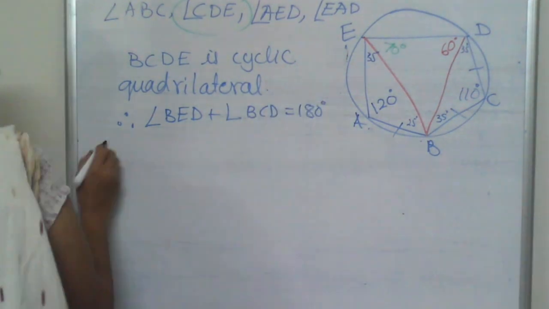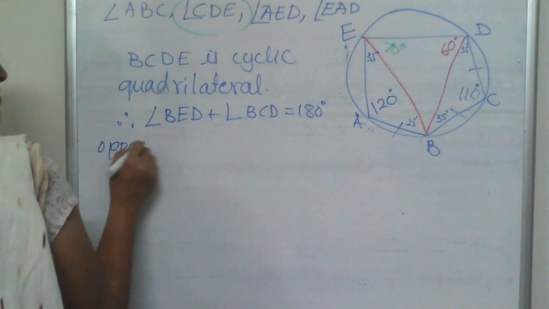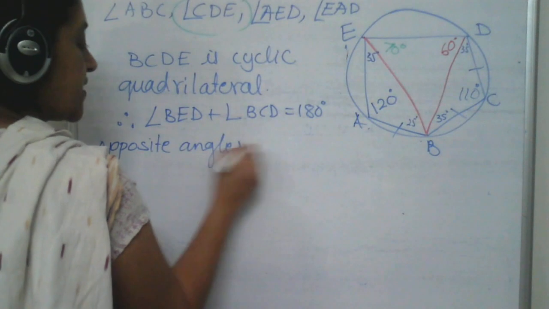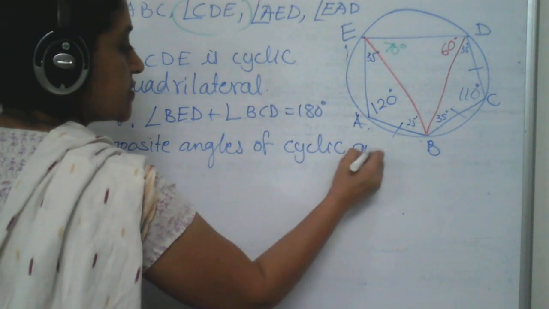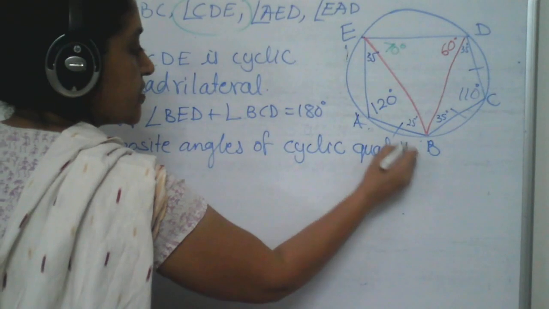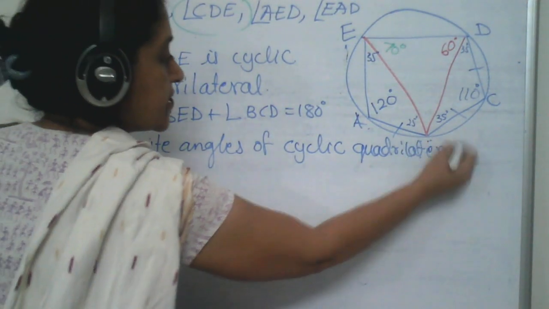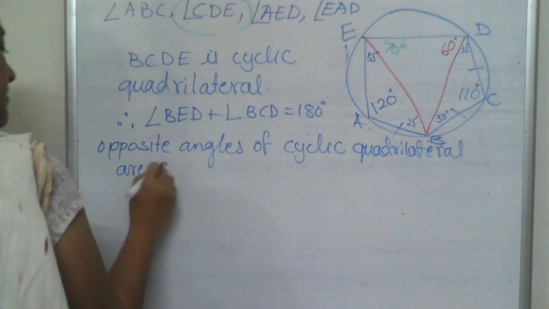Again you have to write the reason: opposite angles of a cyclic quadrilateral are supplementary.